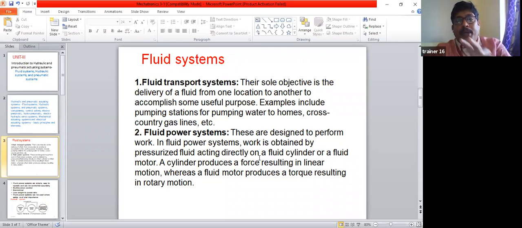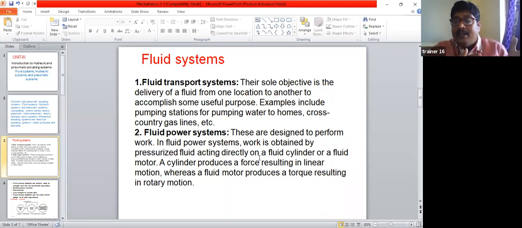Now, why do you have to go for hydraulic and pneumatic? These mechanical actuators are complicated, so you have to go for hydraulic and pneumatic actuation systems. That is the thing.